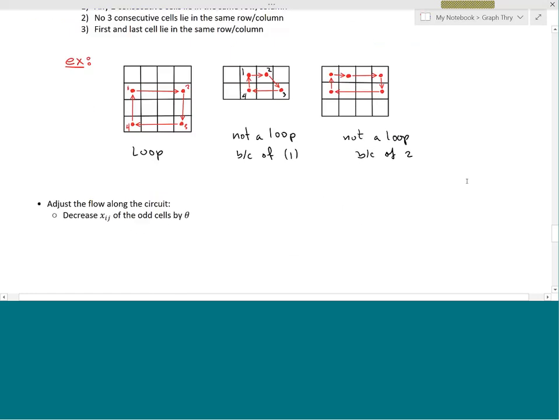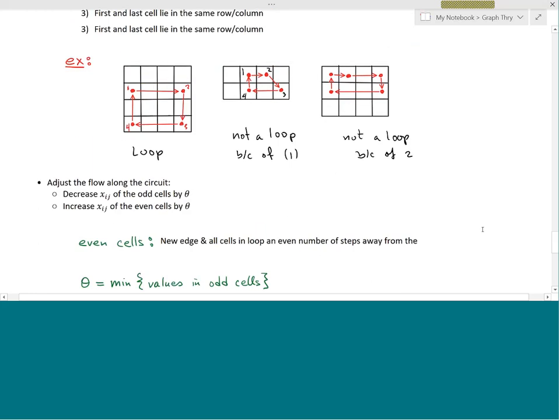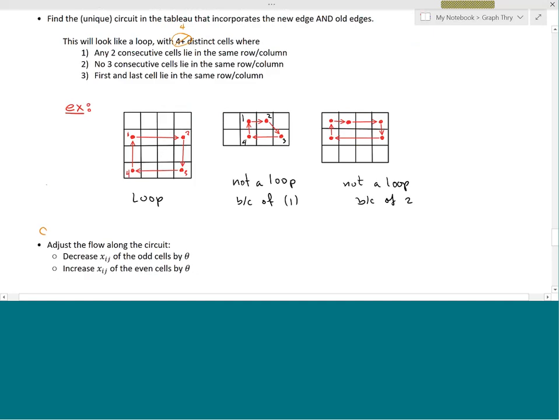Okay. So what we're going to do is we're going to get the loop that incorporates the new cell.